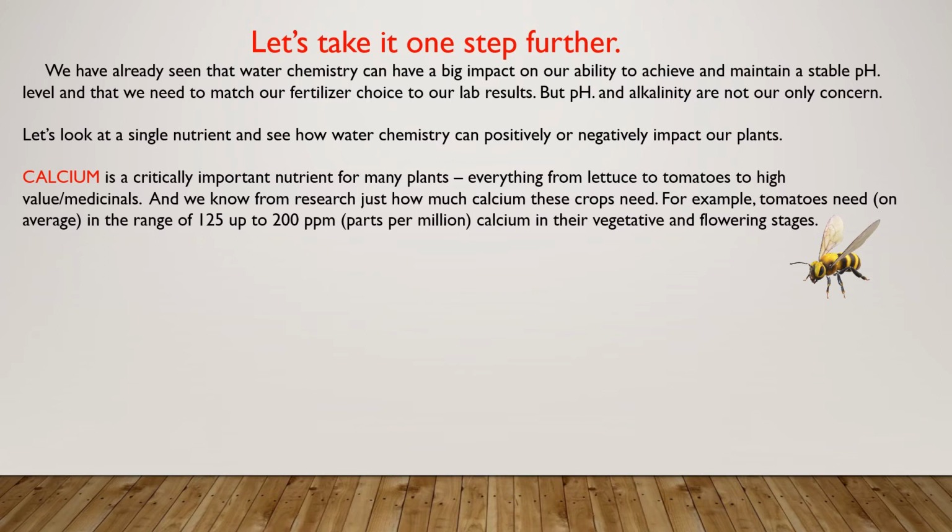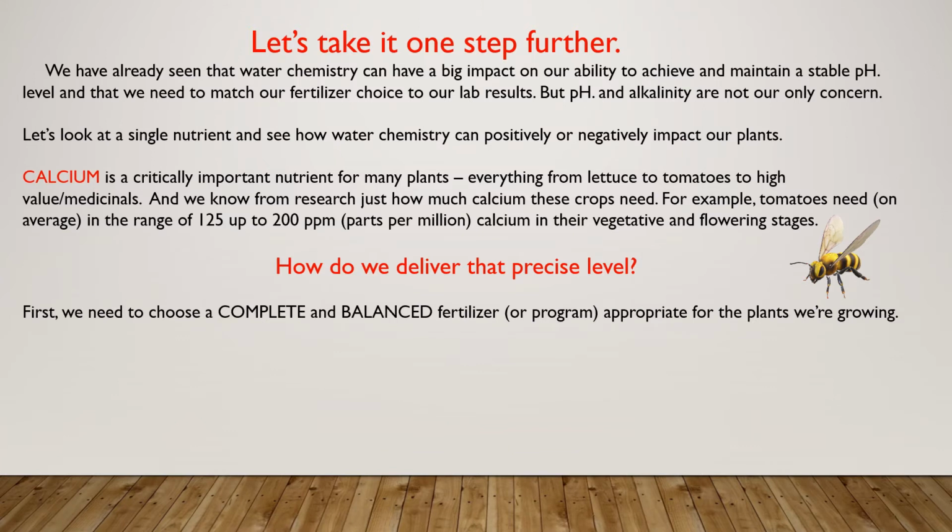And as an example, we can look at a tomato plant. And in general, depending on the life stage of the tomato, we would want to deliver somewhere between, say, 125 to 200 parts per million of calcium at the different life stages. So how do we do this?